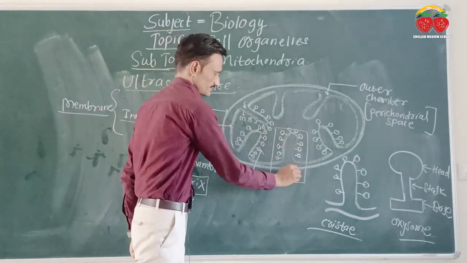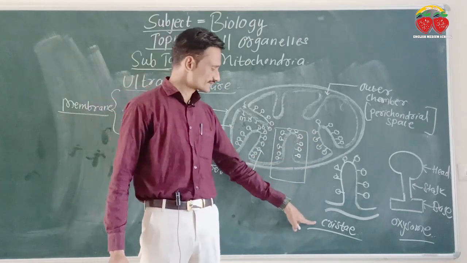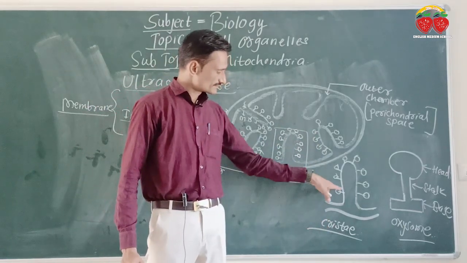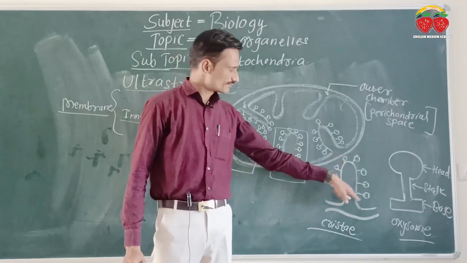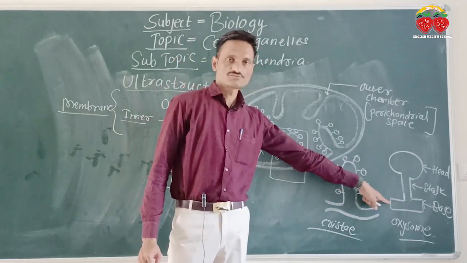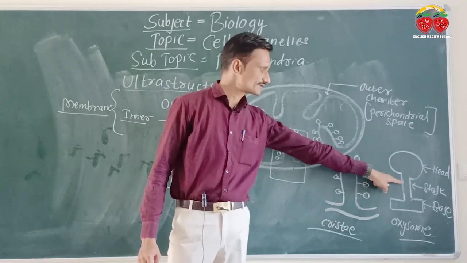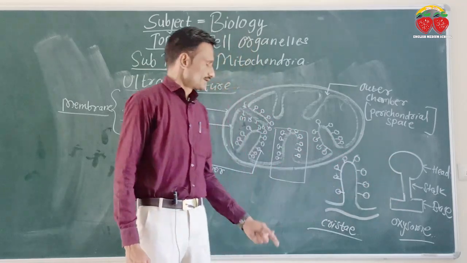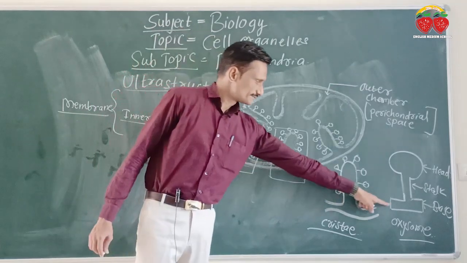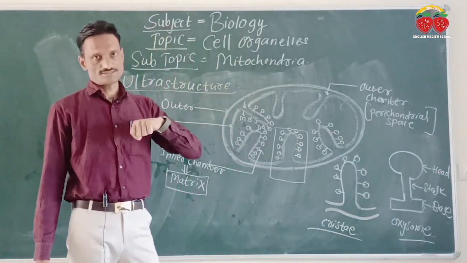This folded structure is called a cristae, and on the inner membrane of the cristae a number of F1 particles or oxysomes are present. Each oxysome has a globular head, middle stalk, and the base. The base has the ATPase enzyme.